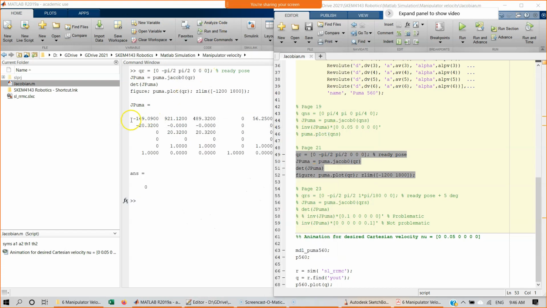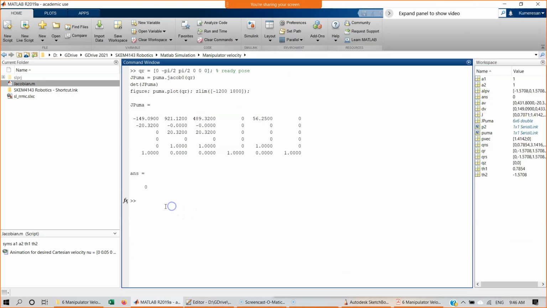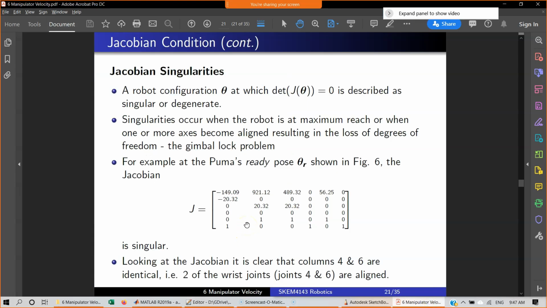This is the Jacobian, and we can compute the determinant of that matrix. So J Puma is the Jacobian matrix at the ready pose. The determinant is 0. What that means is that at this configuration, my Jacobian matrix becomes singular, so we cannot compute the inverse of J. This is what we call the gimbal lock problem.